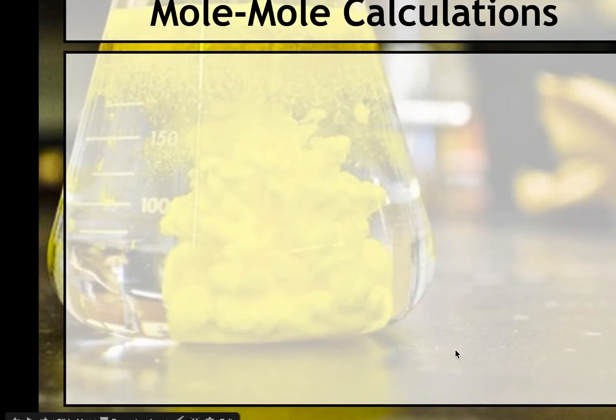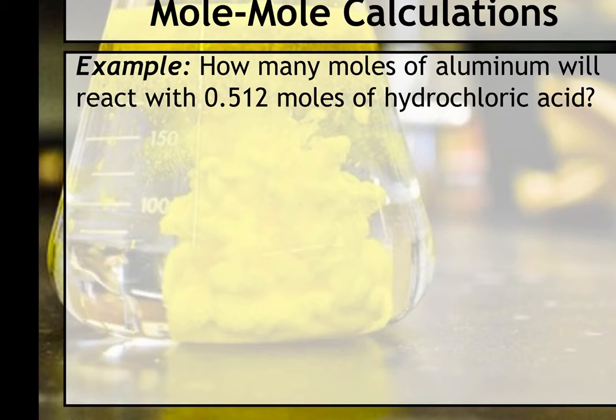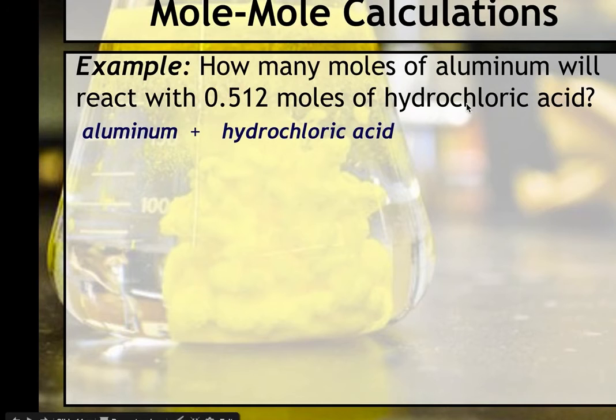Let's try another one. How many moles of aluminum will react with 0.512 moles of hydrochloric acid? Let's go ahead and write this in words. Pause the video for 1 second and see if you can write down what this equation will be. We've got moles of aluminum will react with moles of hydrochloric acid. There's our hydrochloric acid. This is going to be a single replacement.